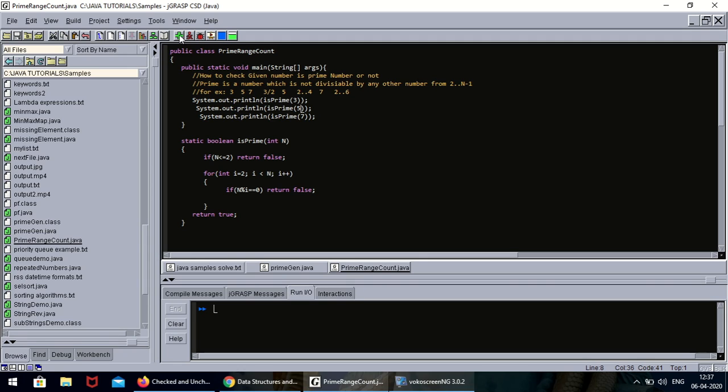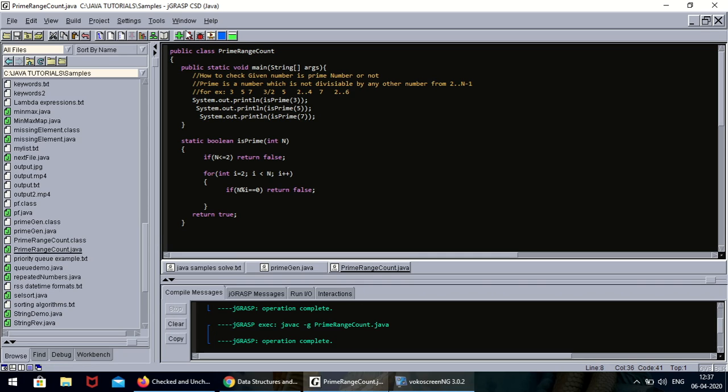Let's compile it, execute it. Successfully executed. True. 3 is a prime number, 5 is a prime number, 7 is a prime number.